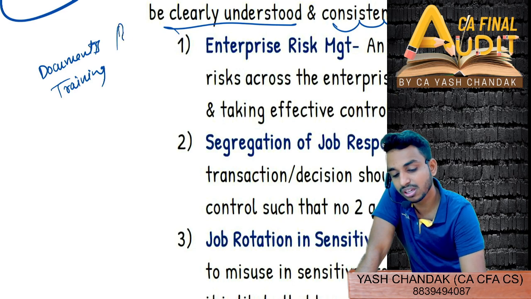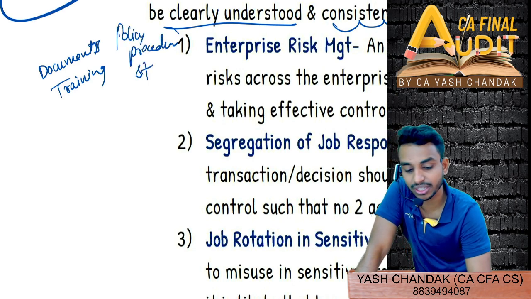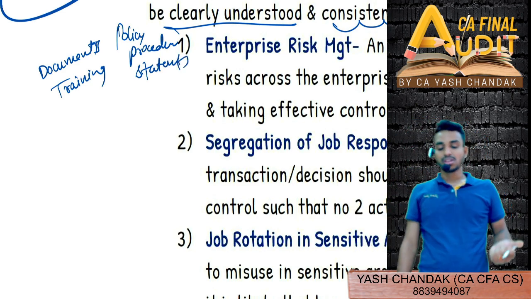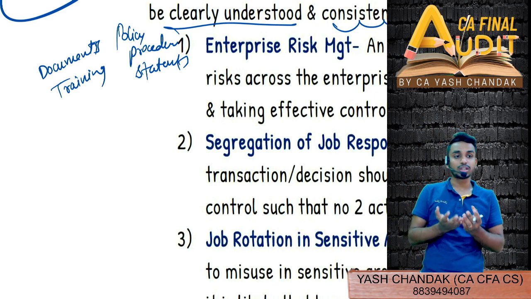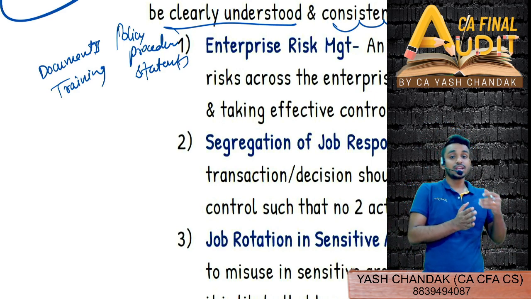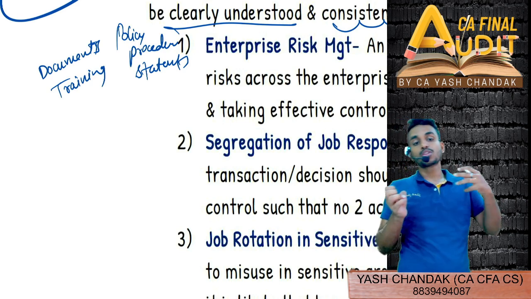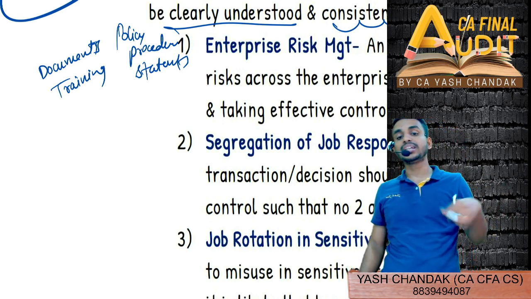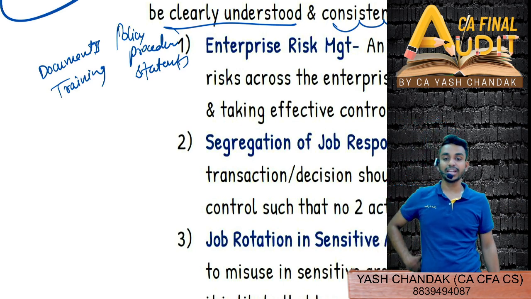These documents will be policies, procedures, statements, or standards. They tell you these are the policies followed by our company, and you have to go through them so that you are accustomed to our entity and also able to understand the entire operation activities of the entity.